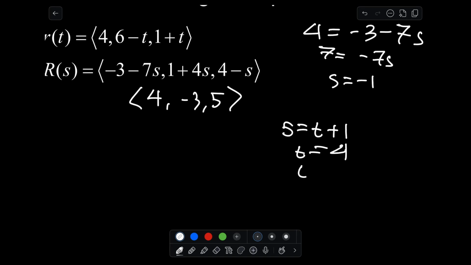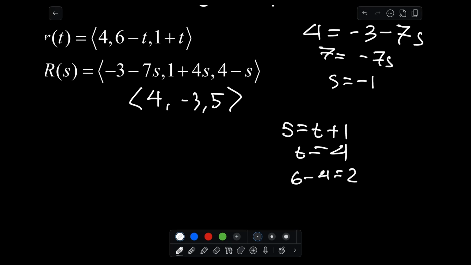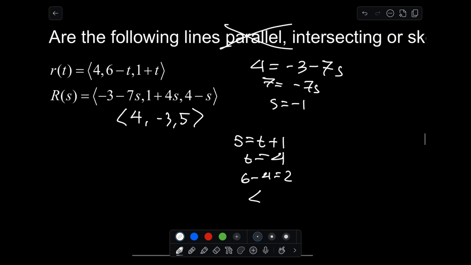So we can plug it into here: 6 minus 4 equals 2, but this is 2, this is negative 3. Those do not correspond with each other, so therefore we can rule out the fact that it would be parallel.